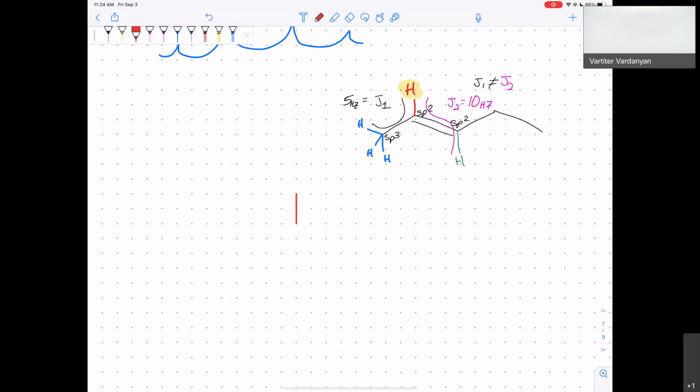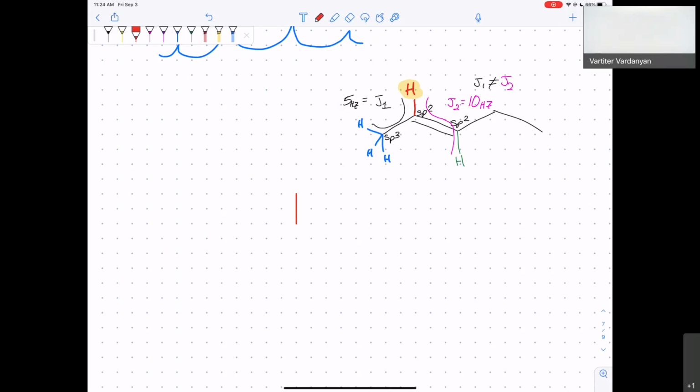So we have that red hydrogen. It's just a signal, just hanging out, being a signal. How many neighbors does it have? 4. So can we do 4 plus 1 and say it's a quintet? No, why not?